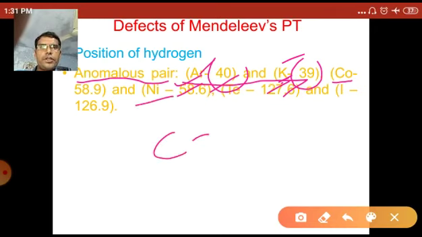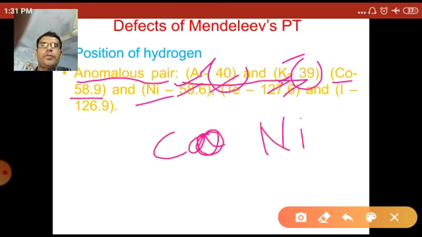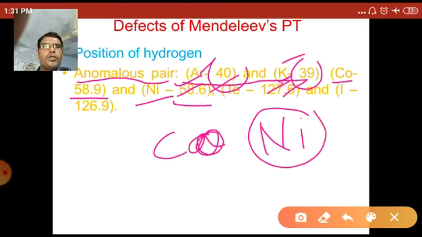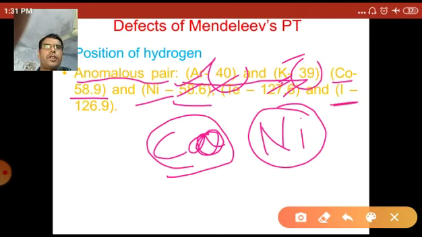They arranged cobalt first and then nickel. But the atomic mass of cobalt is 58.9 and nickel is 58.7, so nickel should come first as compared to cobalt. They also arranged iodine and tellurium.